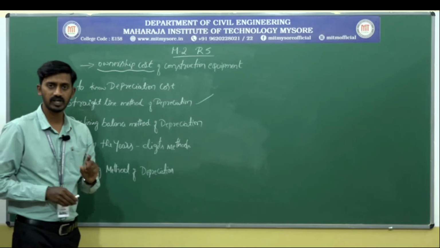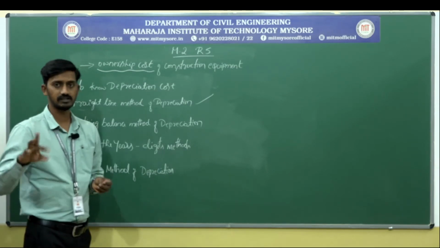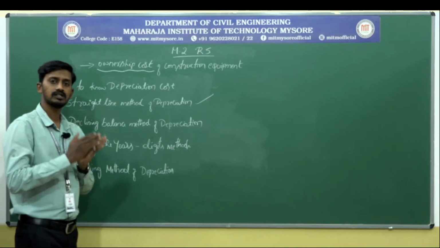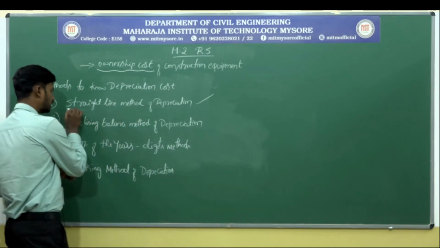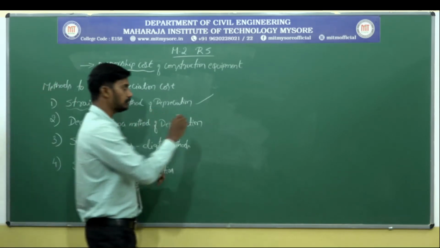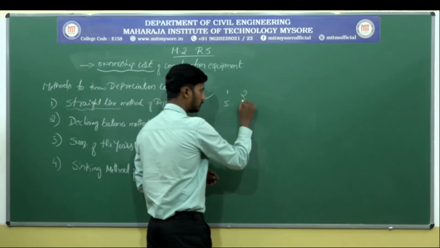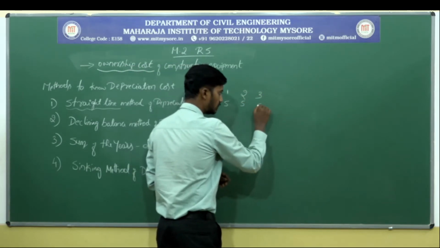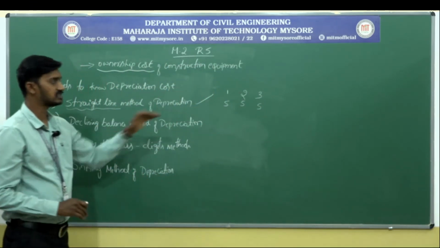If you consider 5,000 for 1 year, the same 5,000 will be considered for the second year, third year, fourth year, till the lifespan of the equipment. That is the line, considered as the straight line method of depreciation. There will not be much variation. For the first year it will be 5,000, for the second year also 5,000, third year also 5,000. It keeps on continuing in the same direction.